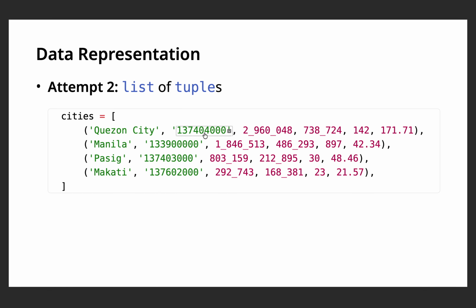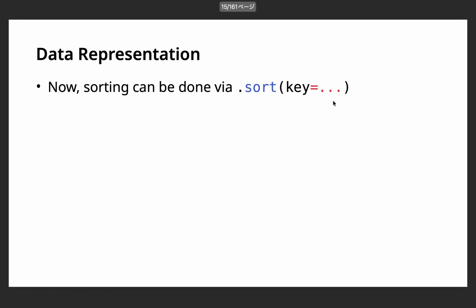So now the related data is grouped together. So if you want to sort now by barangay count, you can easily do that. You can do that using sort and giving it a key. We went over this idea in one of the previous lectures.